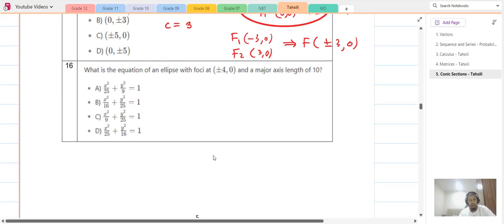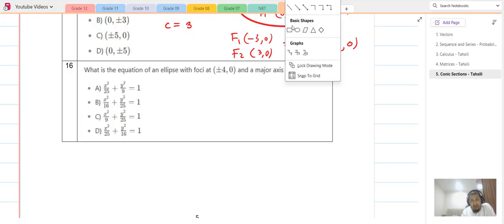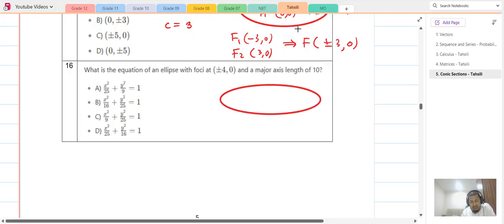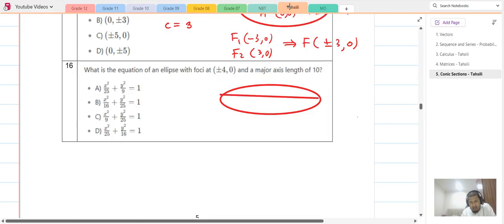Next question. What is the equation of an ellipse with foci plus minus 4 and 0 and a major axis length of 10? So let's see. Plus minus 4 and 0, that's sitting on the x-axis, so it's stretched along the x. How do we know it's stretched along the x? Look at the foci.